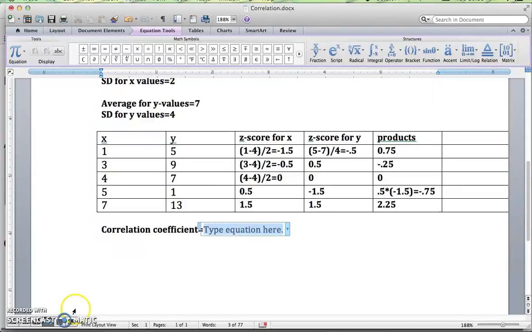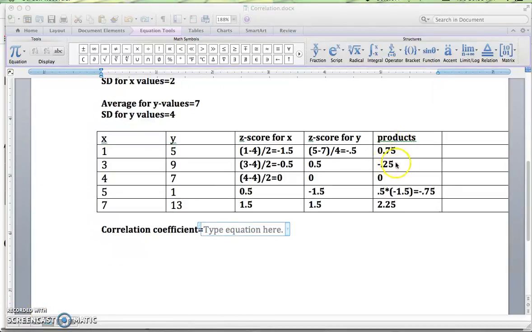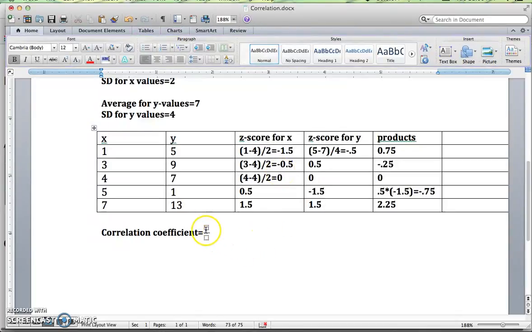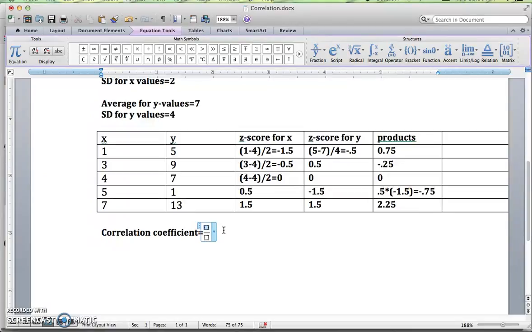We're going to find the average of the last column here. And so I'm going to say fraction. And in the top box here, I'm going to have the sum 0.75 plus negative 0.25 plus 0 plus negative 0.75 plus 2.25, divided by 5.